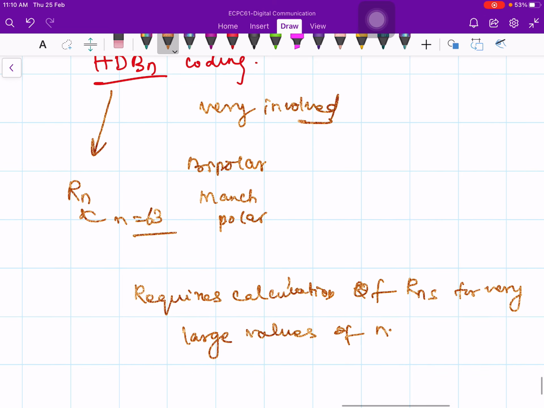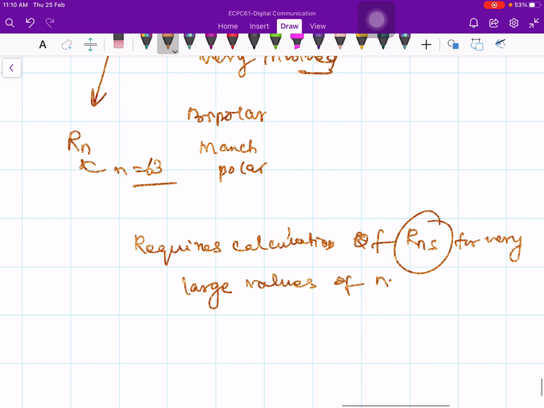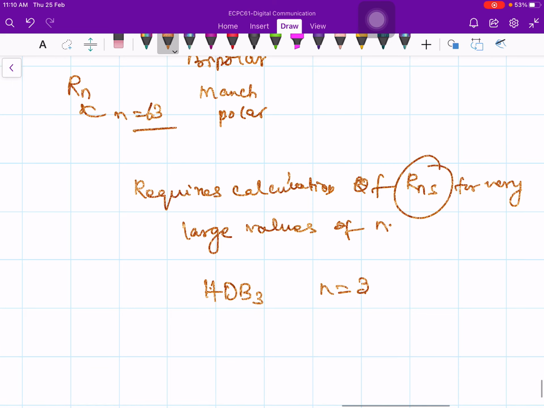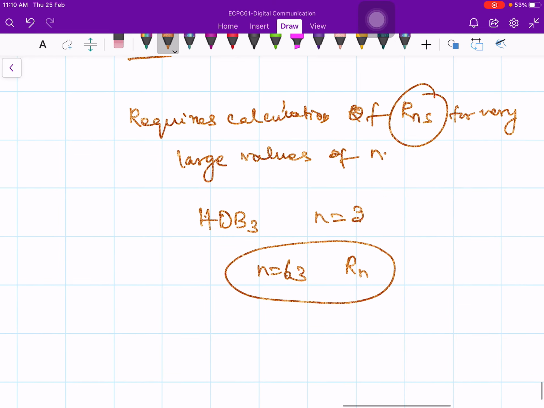So it turns out that HDB encoding requires you to calculate these R_n for very large values. As an example, if you consider HDB3, here n is equal to 3. You need to go up to n equal to 63 for the autocorrelation function.